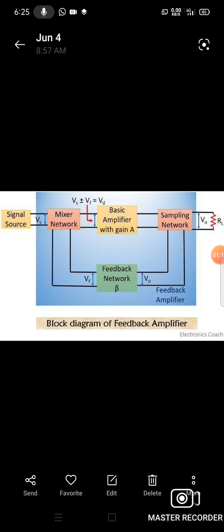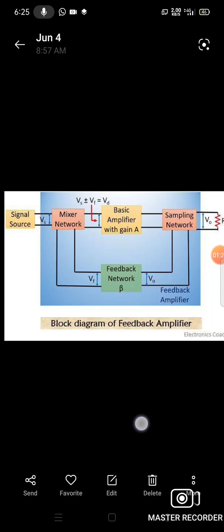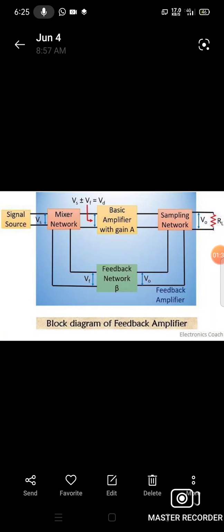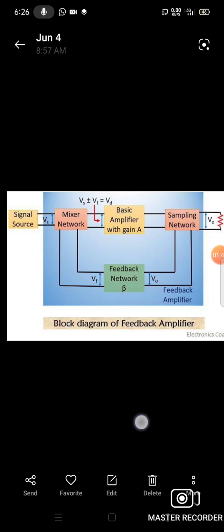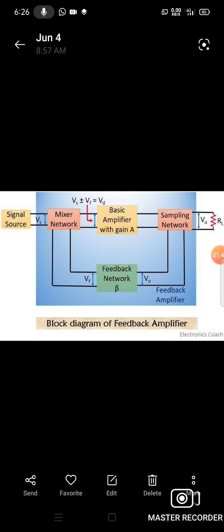The mixer is a comparator which compares the two input voltages, Vs and Vf, giving Vd equal to Vs plus or minus Vf. Once you have to take Vd equal to Vs plus Vf, and next you have to take Vd equal to Vs minus Vf. So depending upon the type of feedback connections, you have to take the sign in between Vs and Vf.